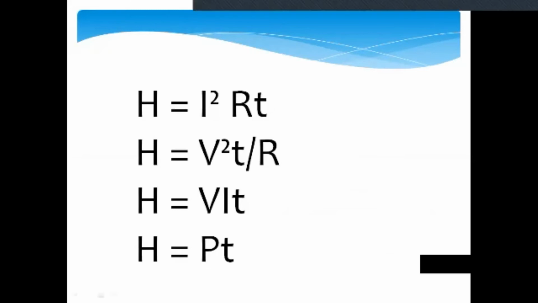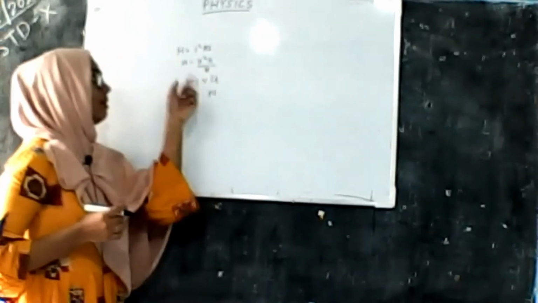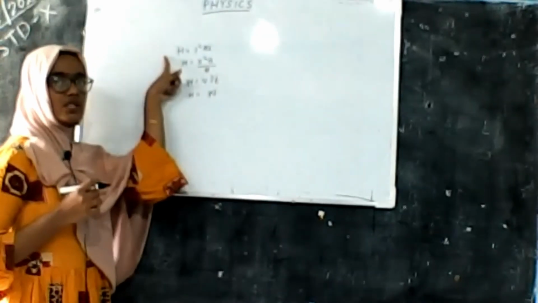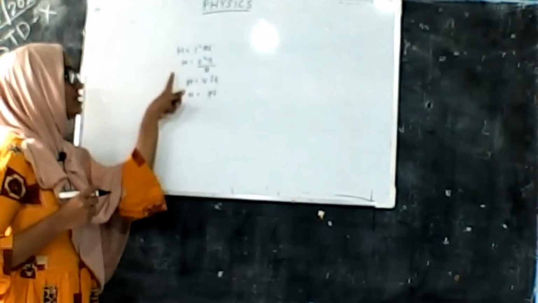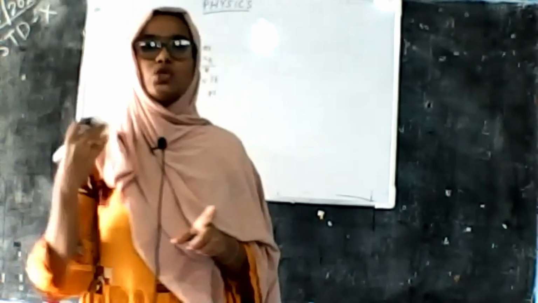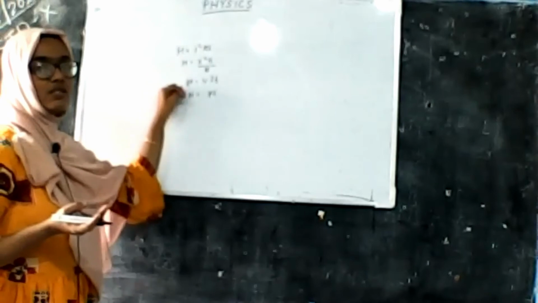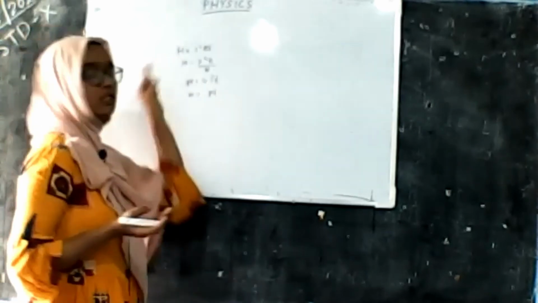These four equations are based on Joule's law. This is the basic equation of Joule's law, and these three equations are according to Ohm's law. According to Ohm's law, we got another three equations from Joule's law.